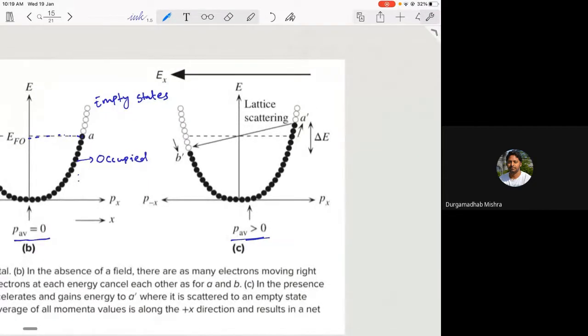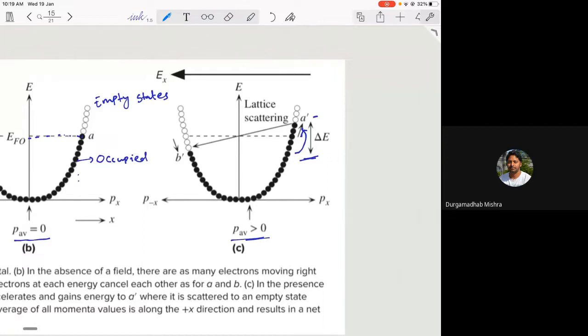Now this change in the energy of the electron is only happening for electrons close to the Fermi level, which go and occupy the states available above the Fermi level.